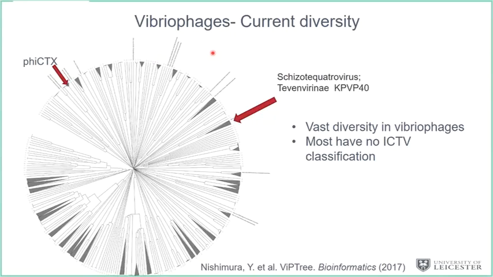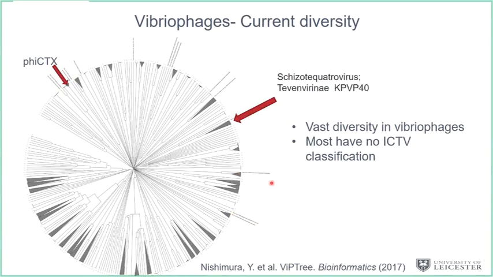So this is a phage proteomic tree, and this is the total diversity of phages infecting Vibrio that we knew about when we started this work. One of the things that you can notice is that there are small lines coming off, and these are indicative of taxa. So these are defined taxa of different vibriophages.